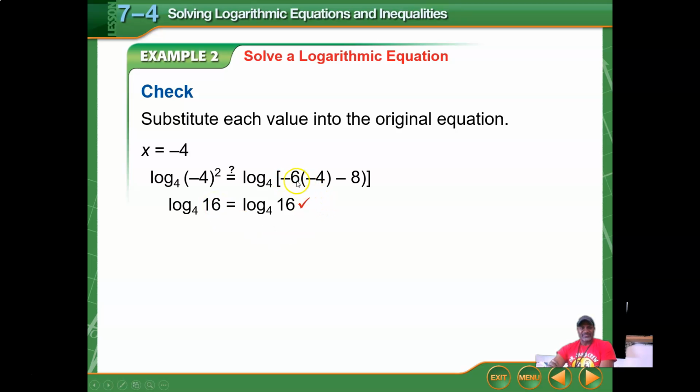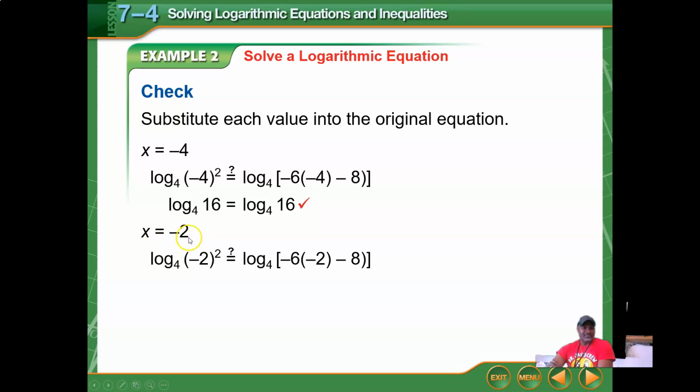We know that negative 6 times negative 4 is a positive 24. Hold on, did I say 48? I meant 24. Yeah, that's a positive 24 minus 8, which is a positive 16. And of course, both of those are equal to 2. So that checks out for x equals negative 4.